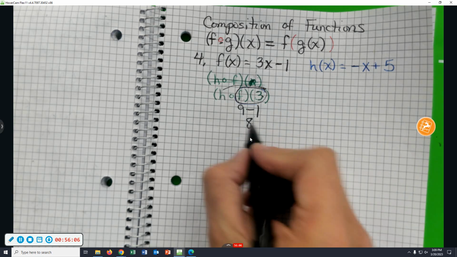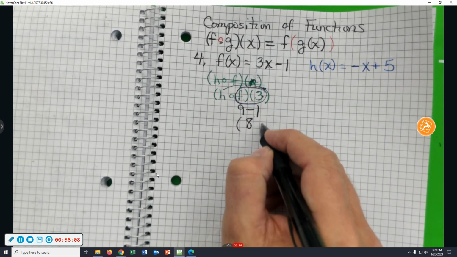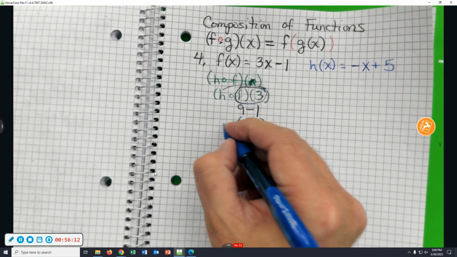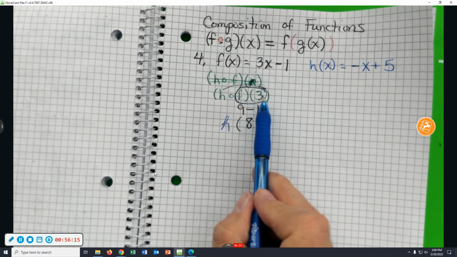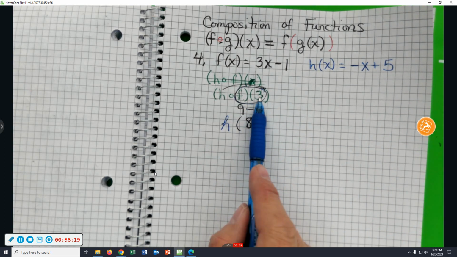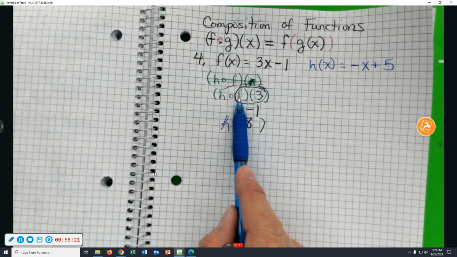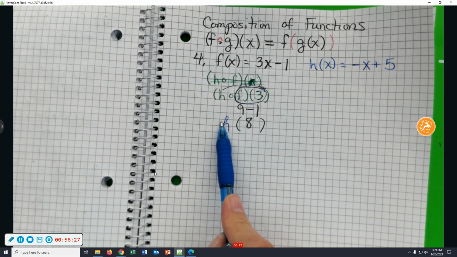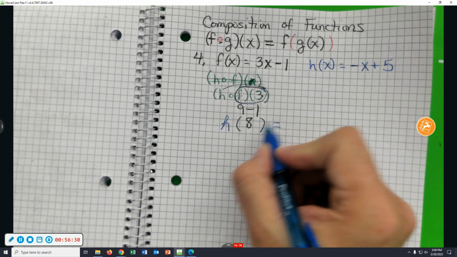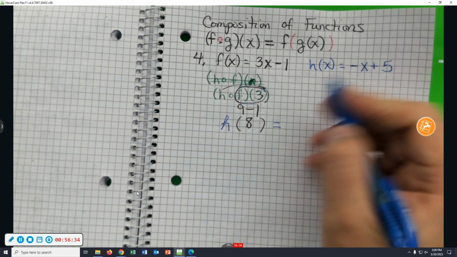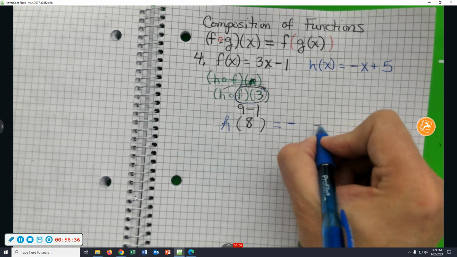Okay? Now take that 8, plug it into the function beside it, h. So in words, if someone asks you, what are you doing? Say it out in words. You're taking the number, plug it into f. That gave us an 8. Take that answer, plug it into h. So if I put that black 8 in here for h, in place of this x, we'd have a blue negative.